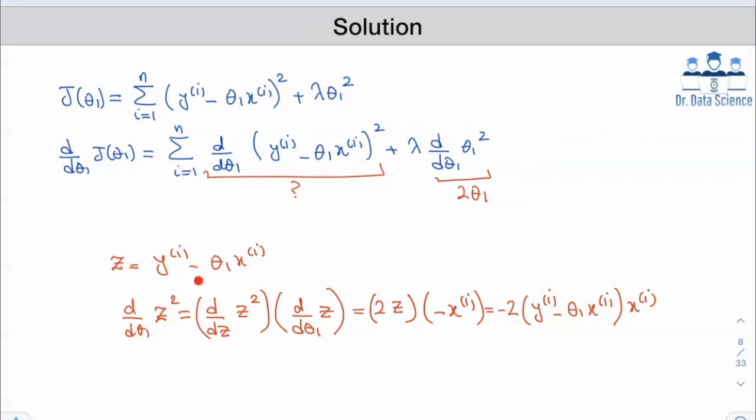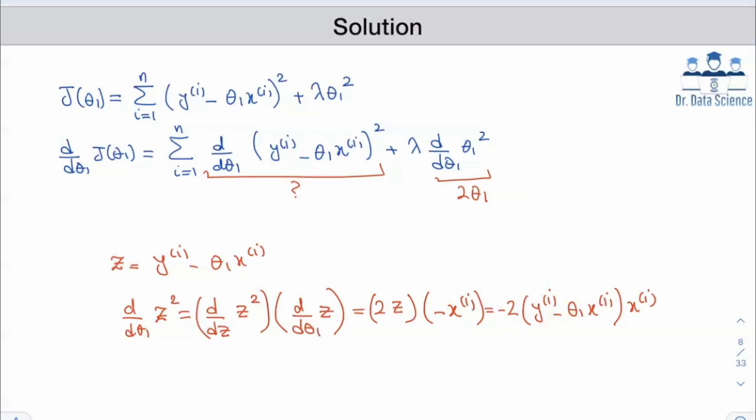And then when we want to find the derivative of the second term with respect to theta 1, theta 1 is the variable, and everything else is fixed or constant, which is -1 times xi. And we know that the derivative of, for example, 2 times x with respect to x is 2. It's always that constant that is multiplied by a variable. And with the same logic here, we can say that this derivative would be -xi, the constant that is multiplied by theta 1.